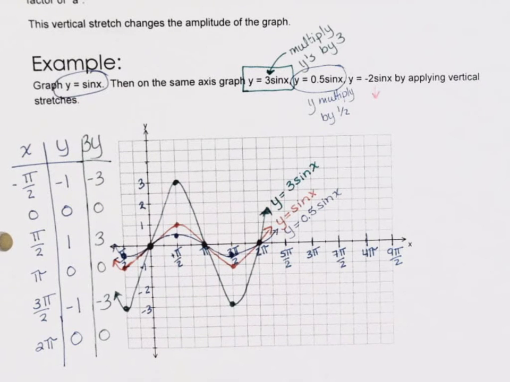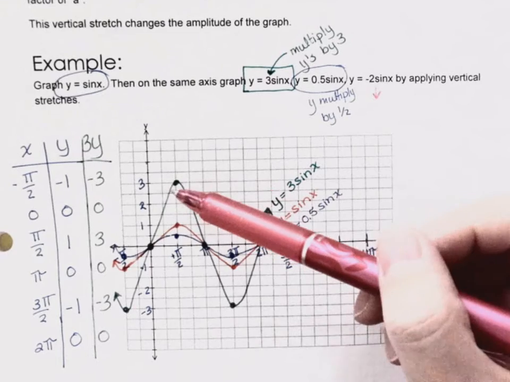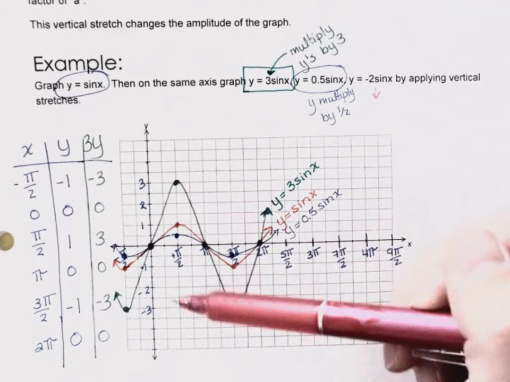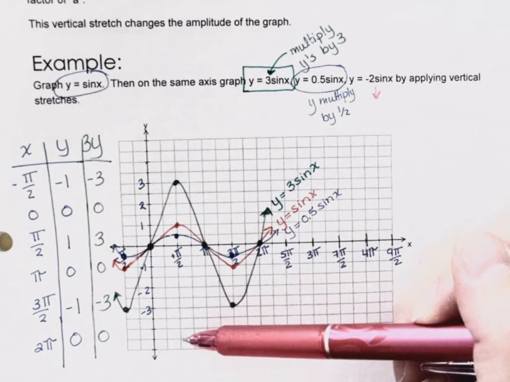Nope, because it will have a phase shift. It will have a left-right shift when we're doing the equations for it. Your wave pattern will still continue, but where your maxes and mins happen will affect the equation of your graph. But how do we know there's a change in the max and min? Well, because this point is going to transform to negative. Do you see what I mean?